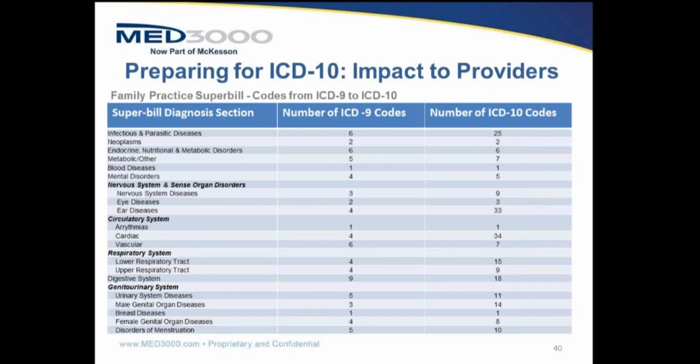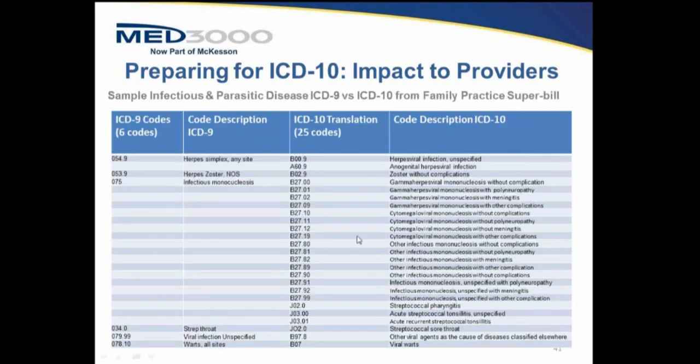So this shows you the volume. If you're still utilizing a paper super bill, you can see how many pages that super bill may become because of the codes that will be listed. Here is the impact to the providers, if we're looking at descriptions. This shows you a sample going just from infectious and parasitic diseases, from ICD-9 to ICD-10, on a family practice super bill.